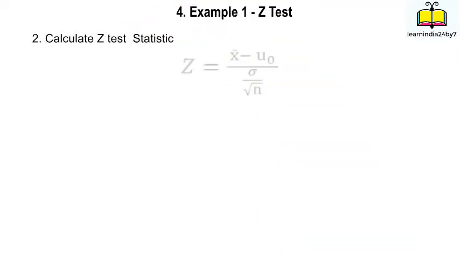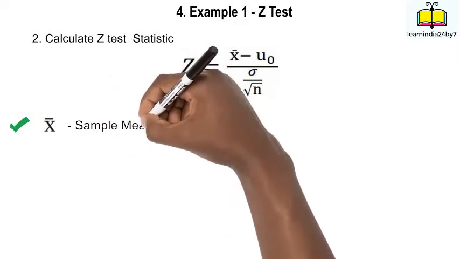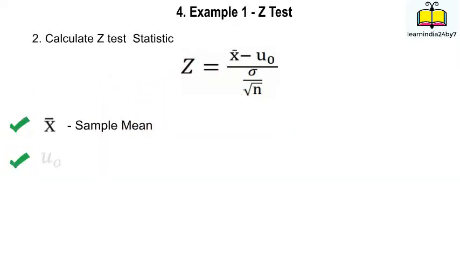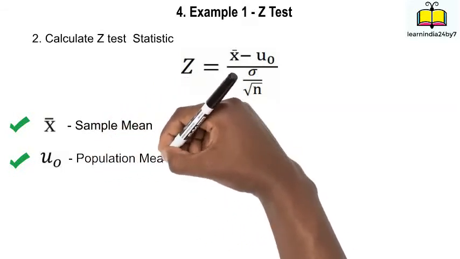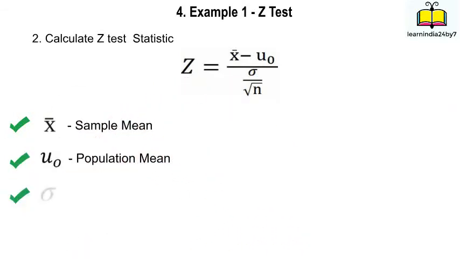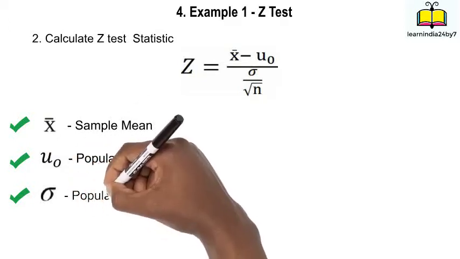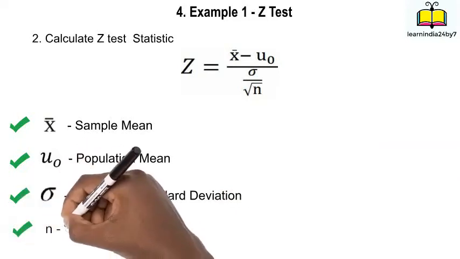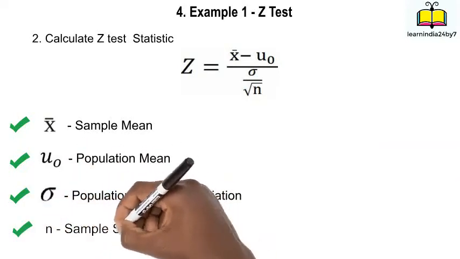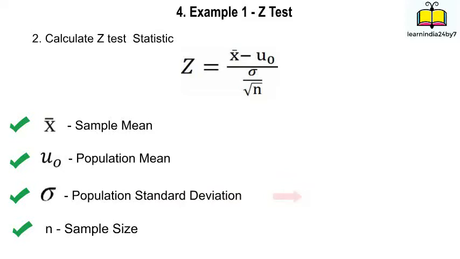The equation for Z statistic is x bar minus mu 0 divided by sigma divided by root n, where x bar is the sample mean, mu 0 is the population mean, sigma is the population standard deviation, and finally n is the sample size. The denominator of the Z test statistic is sigma divided by root n.